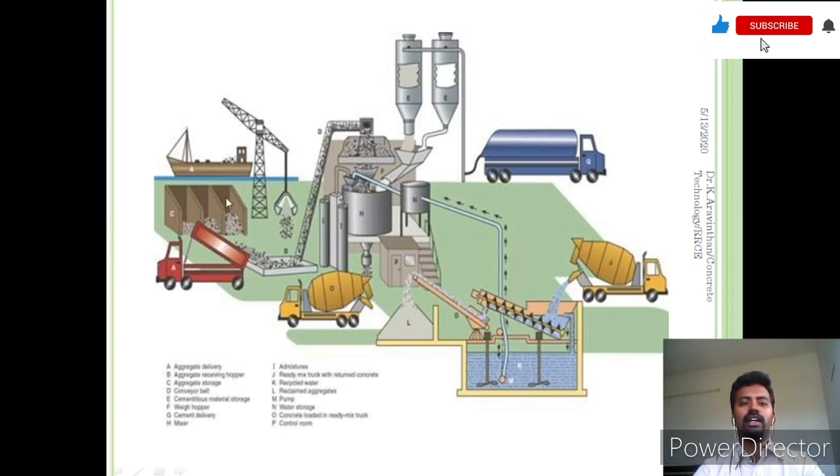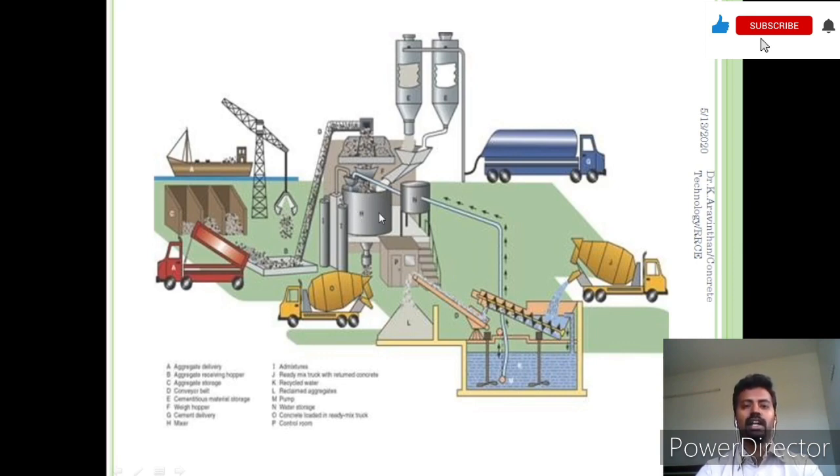The aggregate ingredient is stored at the other part, and the third component is admixture. These are the admixtures being used here, which are displayed here, and water is supplied through the tank. So from these, all the material is supplied into the concrete mixer.